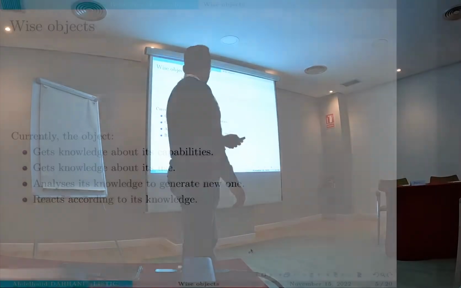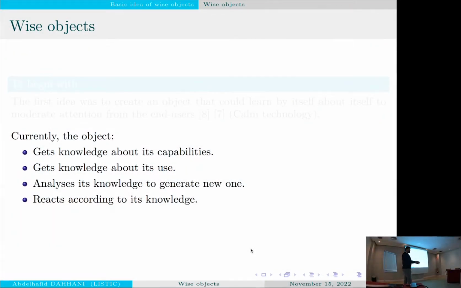The current object now has some abilities. The first one is that it can get knowledge about its capabilities, like how it works, its functionalities. The second one is that it can get knowledge about its use. If you are using a TV or a roller shutter, like opening and closing the roller shutter during your day, the roller shutter will know this behavior and will log the behavior you are doing.